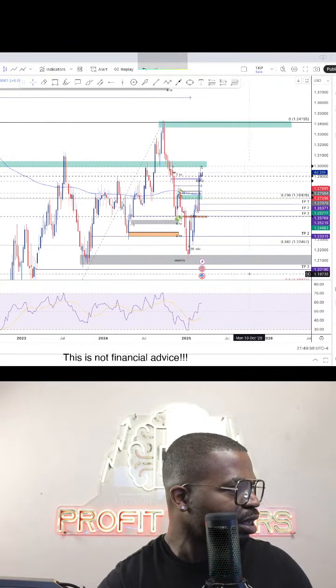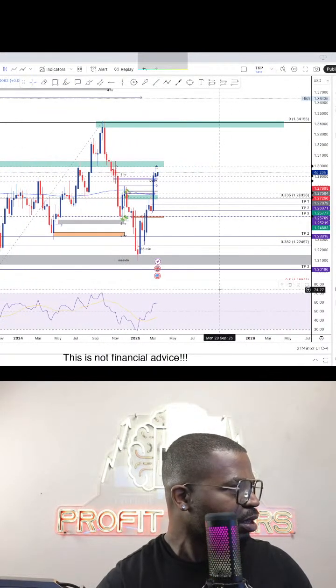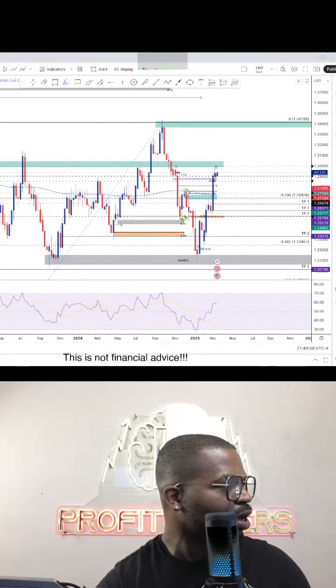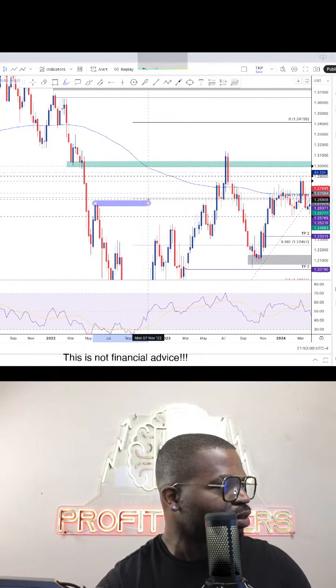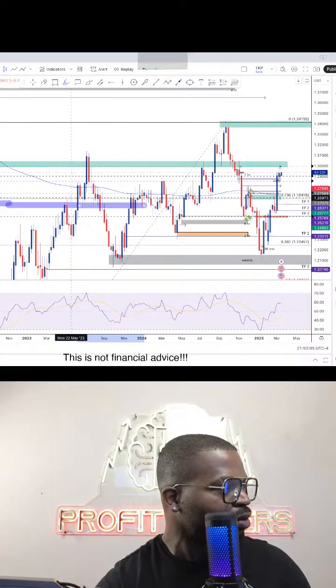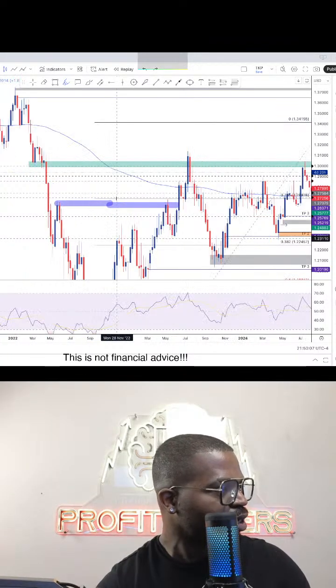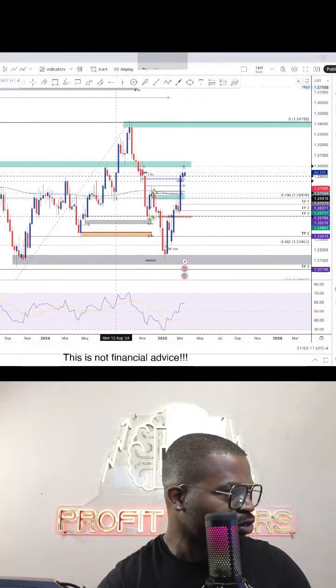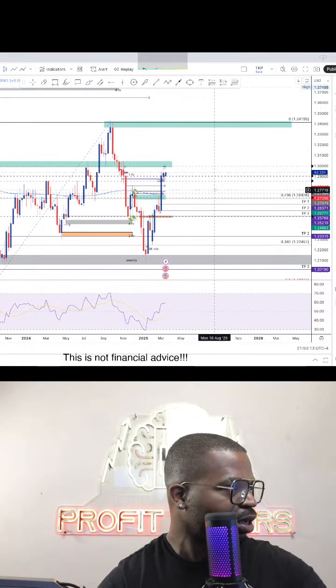As far as underneath this area right here, where we have all of these rejections, same concept. Price used this area as resistance when it was beneath it. When it broke above, it used it as support. So the market will let you know where all of the key levels of structure are.